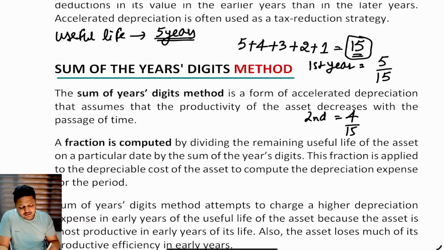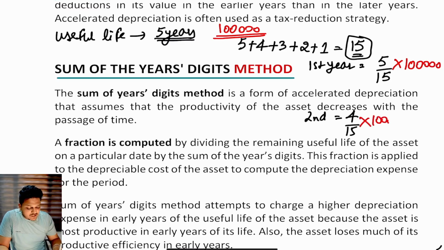Let's say the value of the particular asset was rupees 1 lakh. For the first year, the depreciation will be 5 divided by 15 multiplied by 1 lakh, and for the second year, 4 by 15 multiplied by 1 lakh. Now let's solve it.